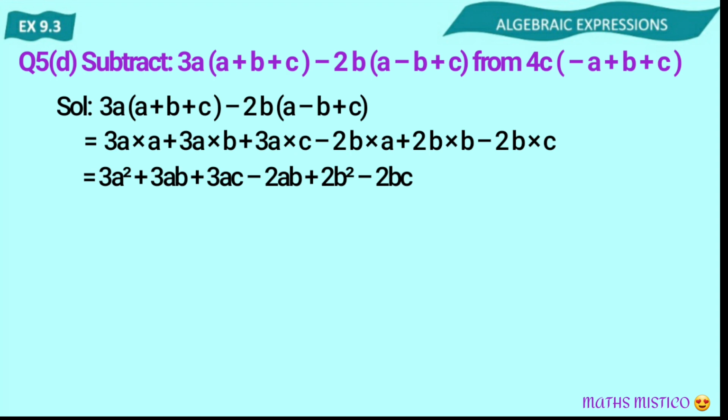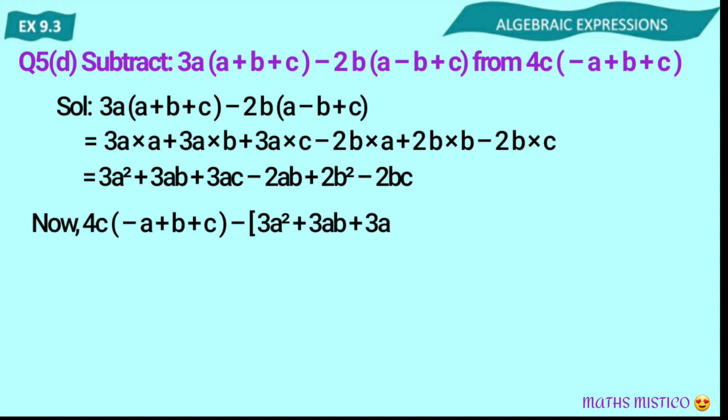Now we have to subtract this from the other expression. Mark this point that whenever we have to subtract a polynomial, we will have to put it in brackets. So 4c into minus a plus b plus c minus inside bracket this expression. As per BODMAS, we have to open the brackets, and while opening, wherever there is a monomial before it, we will multiply that monomial with each term.